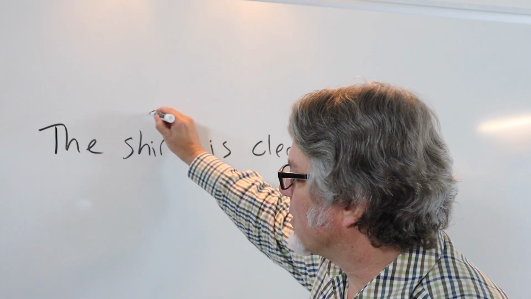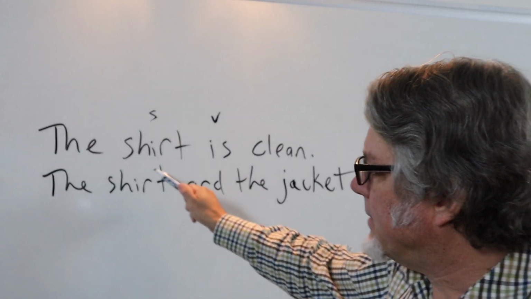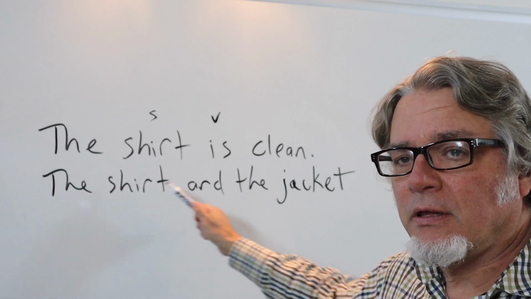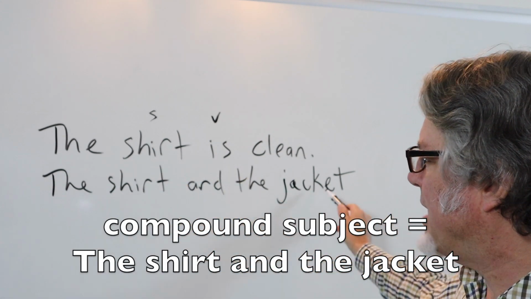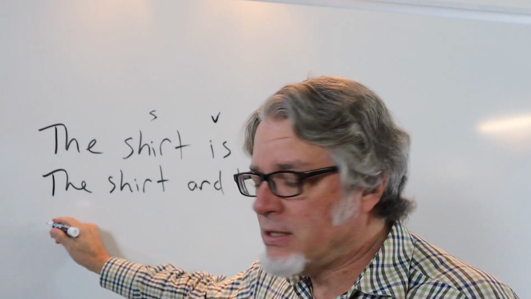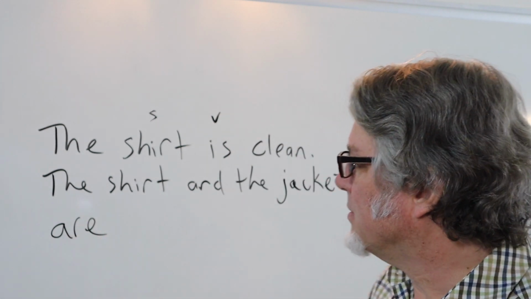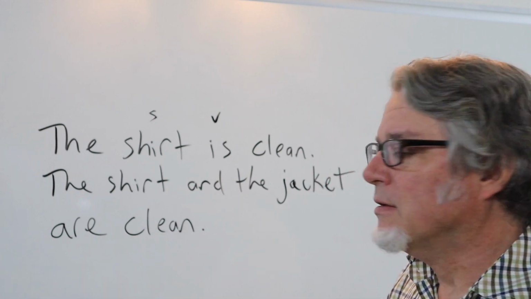Here you have one subject and then a matching verb. I can add another noun and make this a compound subject, the shirt and the jacket, and then the verb be becomes are. The shirt and the jacket are clean.